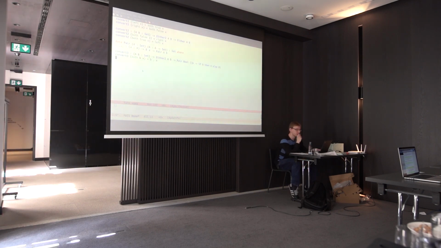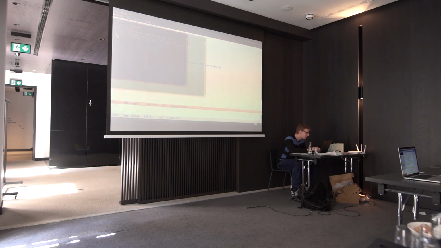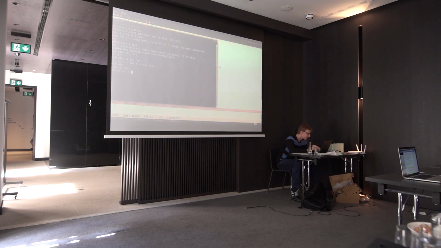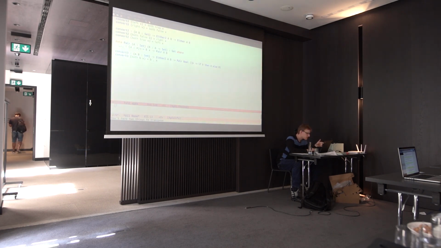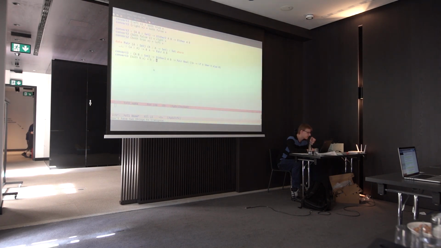Since we have a pair, this is a generalization of a normal tuple, just like the ones you see in Haskell, not Python. Just like this tuple, it has the type number and character. This is a non-dependent tuple. This is a generalization where the second component might depend on the first component.